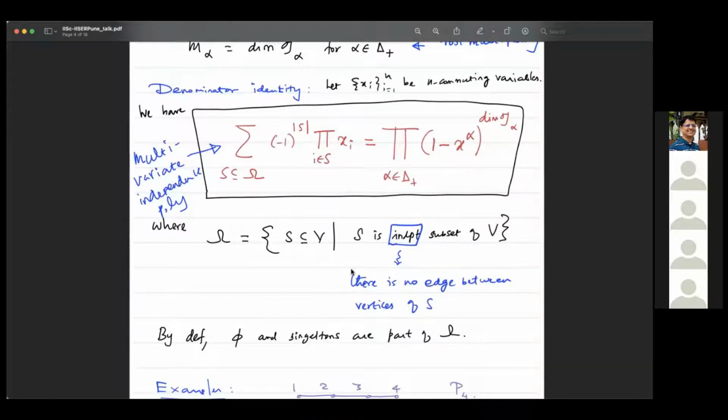Sorry, one second. By the way, is the usual independence polynomial a determinant of any kind? The usual independence polynomial is a one-variable polynomial; you substitute all x_i to be t. I understand, but does it have a determinant representation? I don't know. No, that is not true. Okay, thanks.